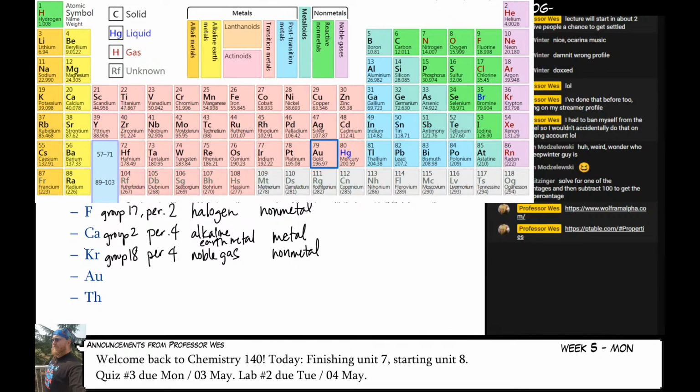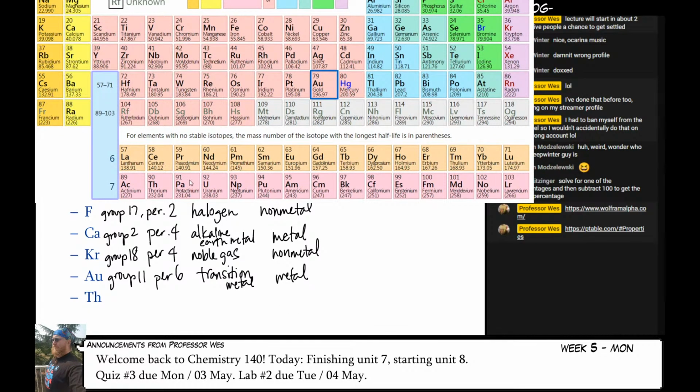Then we got gold. Gold is in group 11. It's in period, I gotta count all the way down, 6. It is a transition metal, which of course makes it a metal. And then of course I picked thorium, which I didn't get on the screen here, so I gotta scroll down. There it is.